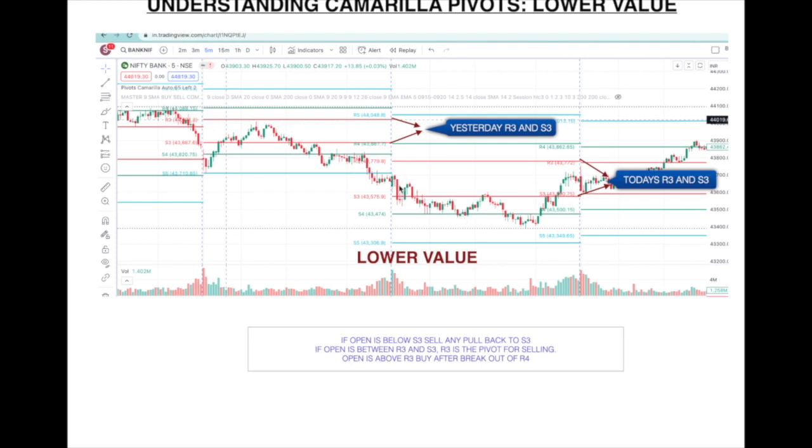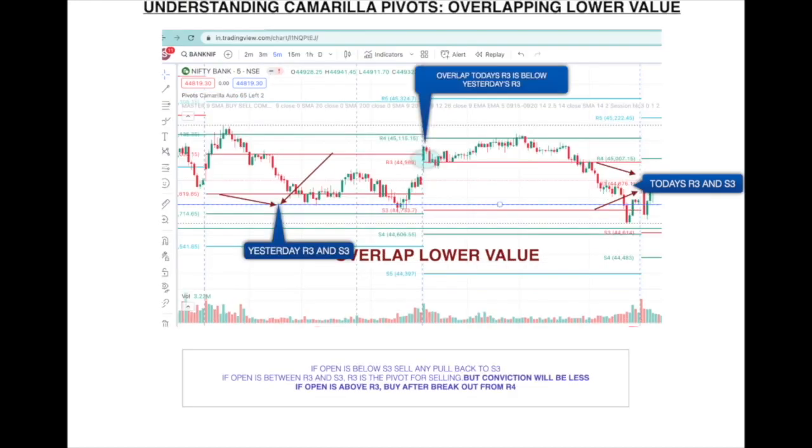So in a lower value relationship, any move by the index towards R3 will be a selling opportunity. The third condition is if the market opens below S3, it's a clear sell, with any pullback to S3 sold into for a target of S4 and S5. Understood? Okay, we will go to the next value.